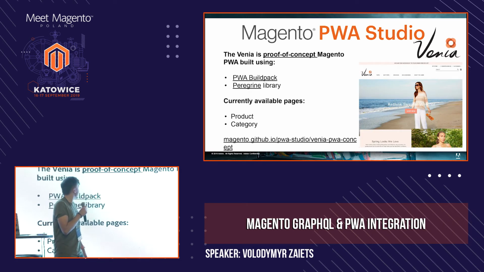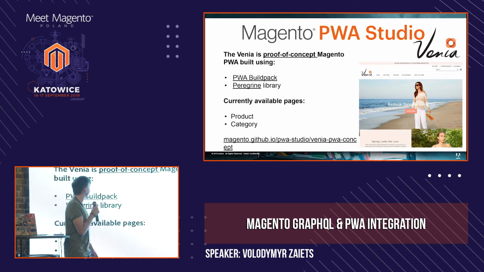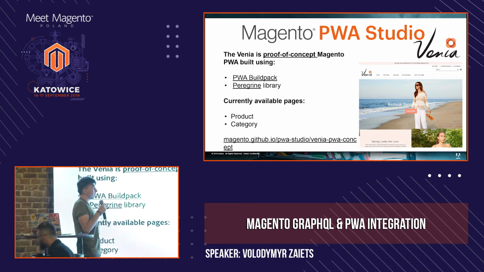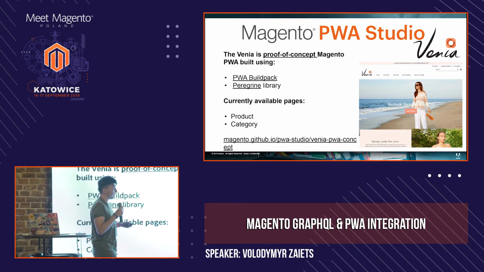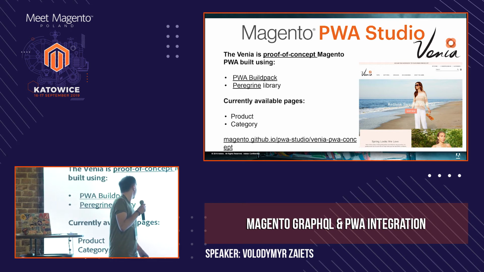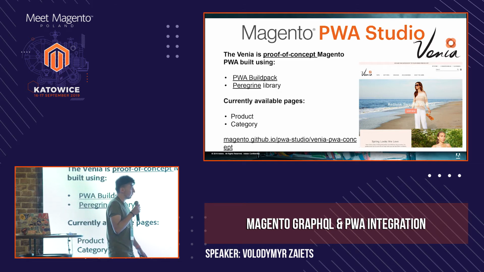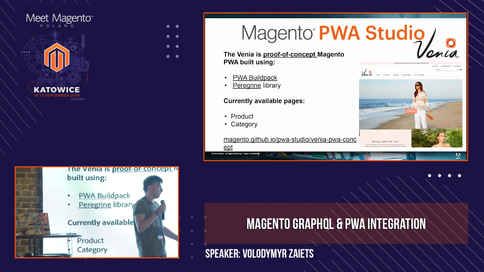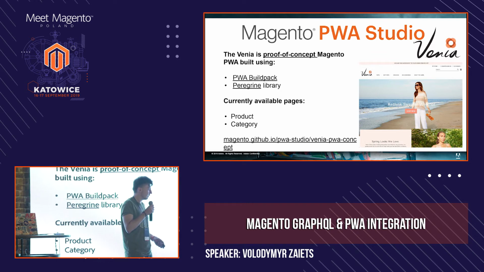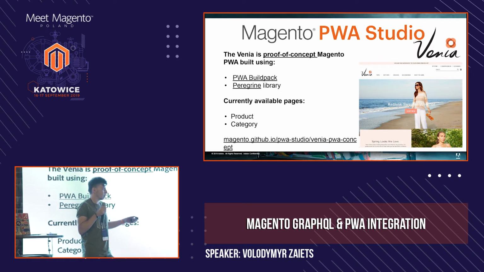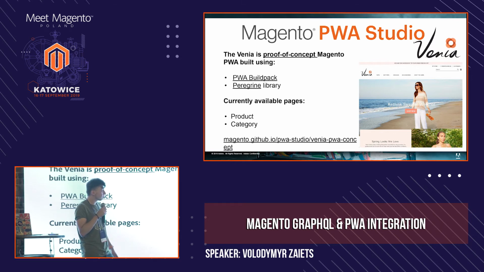And exactly, the Magento Venia theme is a proof of concept. This theme uses all that stuff that I said before. It uses PWA build pack and the Peregrine library, and you can investigate how it works. It will give you an understanding of how all those packages work together, how they communicate with each other.